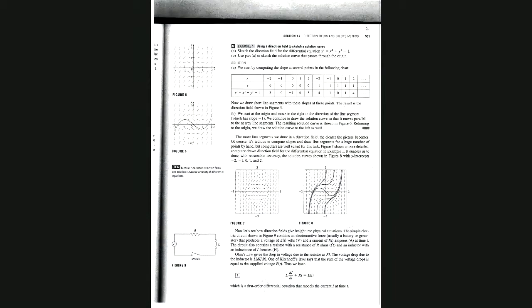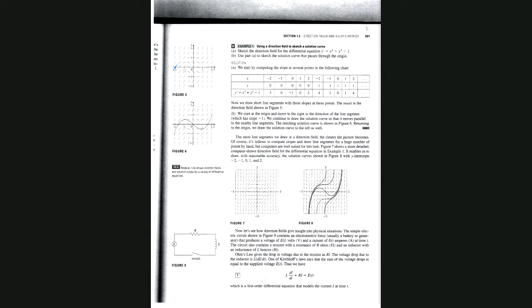Okay, so for instance, at -2, 0, right here, when x is -2 and y is 0, y prime would be -2 squared plus 0 squared minus 1, and that's 3. And you notice the tangent line right here looks like a slope of 3.